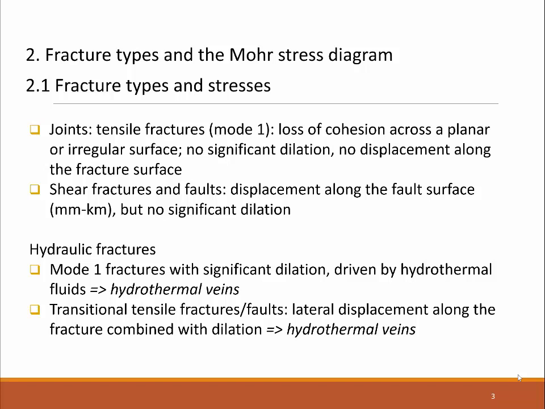These two fracture types have their equivalent, of course, in the brittle field without the presence of hydrothermal veins. Transitional tensile fractures and mode 1 fractures have been discussed in the first part of this lecture series.